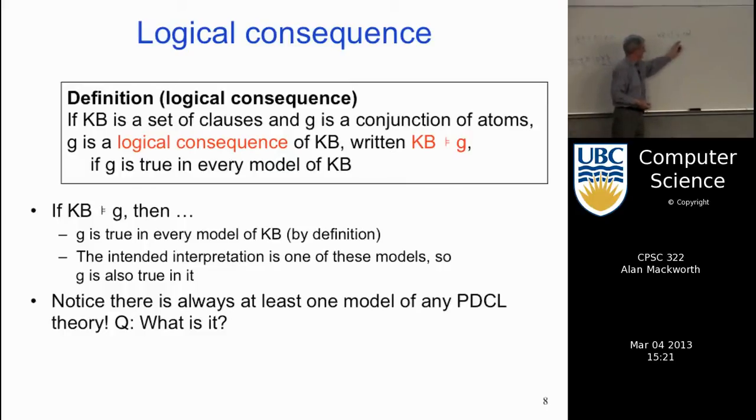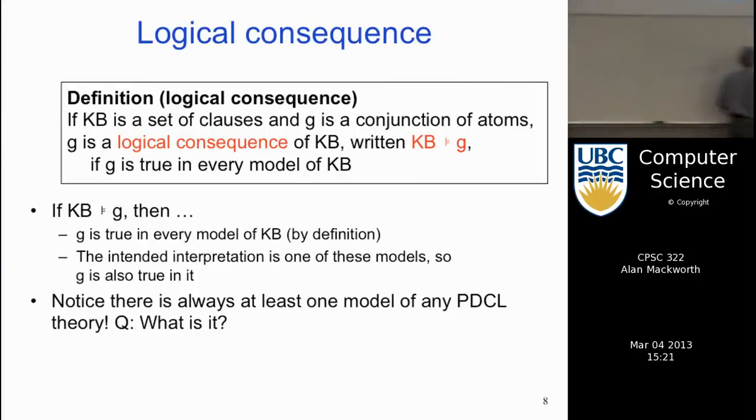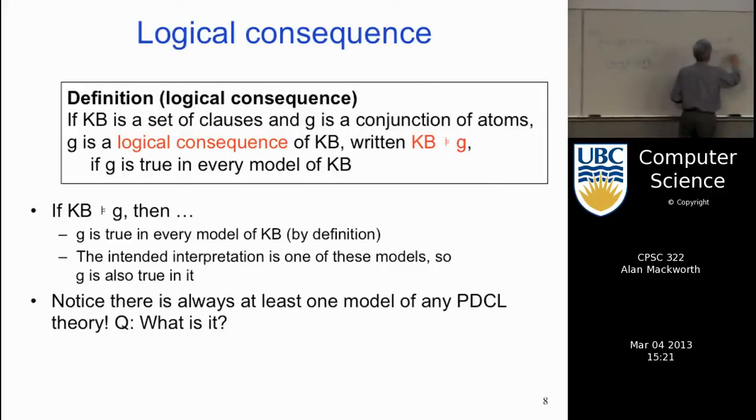If P is false, then this is false. There's no model in which all these can be true at the same time. But this KB1 is not PDCL, because you've got that negation in there. So this is the key: that they're all positive in this form is what allows you to deduce this theorem.